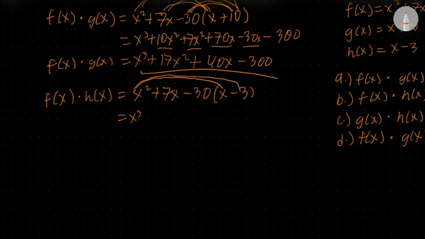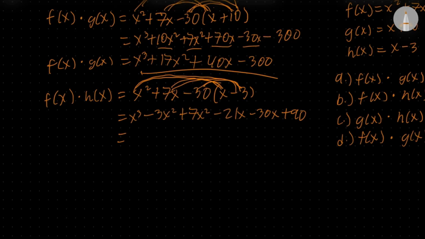X squared times negative 3 is negative 3x squared. 7x times x is 7x squared. 7x times negative 3 is negative 21x. And negative 30 times x is negative 30x. And negative 30 times negative 3 is positive 90.